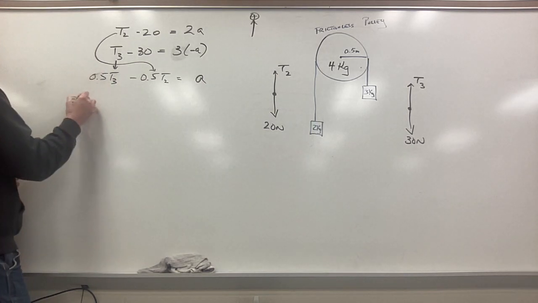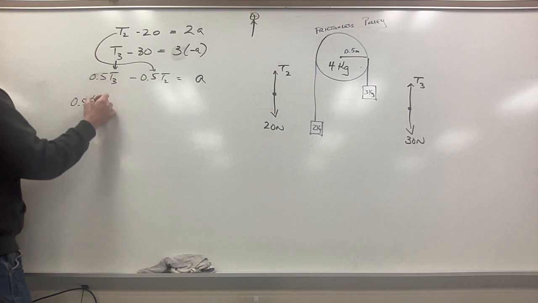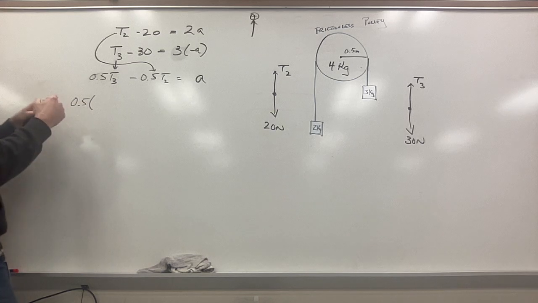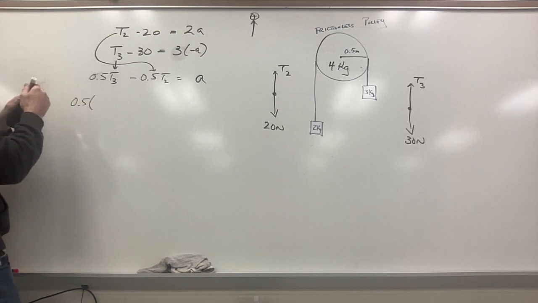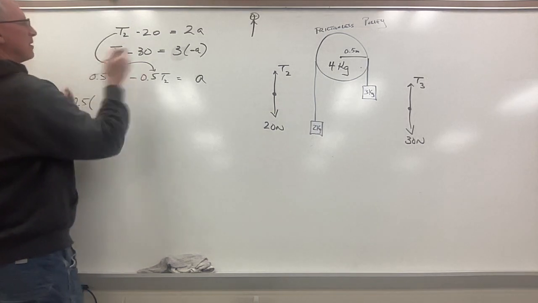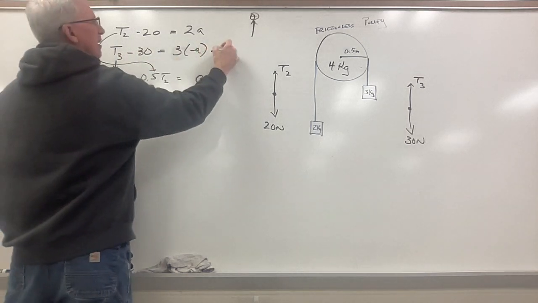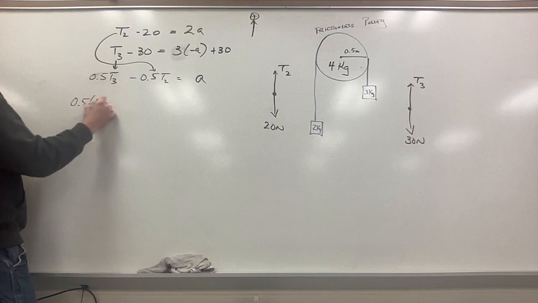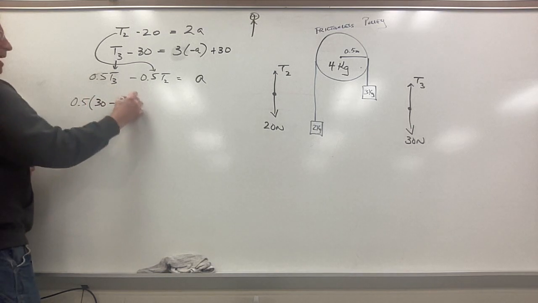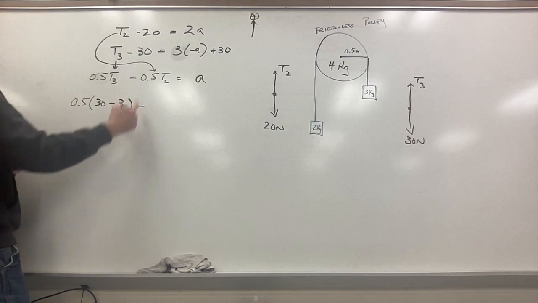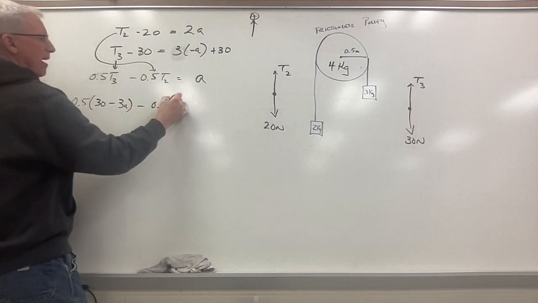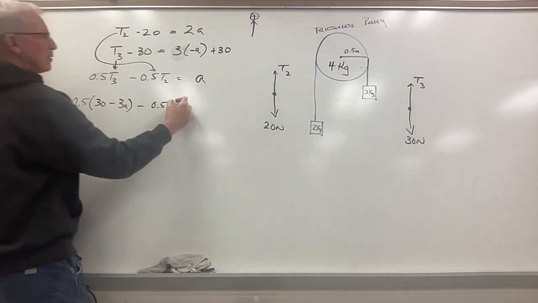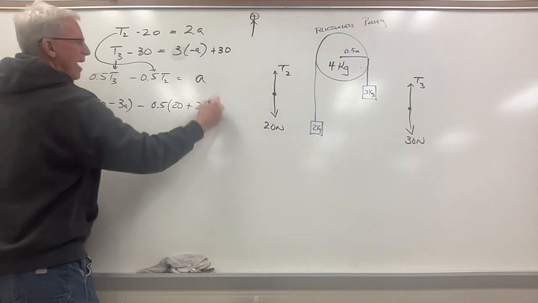So I'm going to have 0.5 times, oh, I forgot to solve for these in terms of each other. Okay, so T3 is, I'm going to bring my 30 to the other side. So T3 is equal to 30 minus 3A, minus 0.5, and T2 is equal to 20 plus 2A, right?